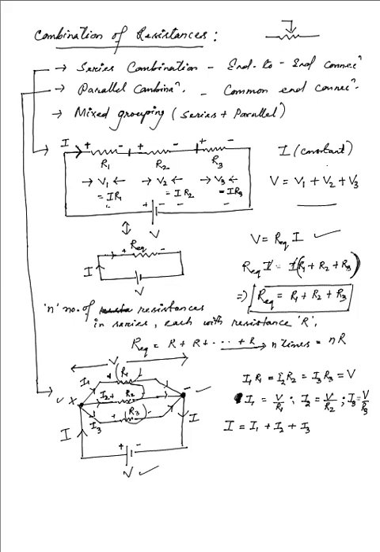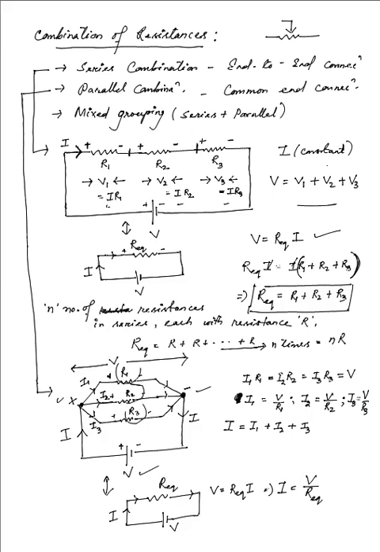Now if we were to consider an equivalent circuit in this case, such that we have an equivalent resistance which is giving us the same amount of current I across its circuit for the same potential difference provided, that is V, then we can say that V is equal to R equivalent times I, and obviously we have I equal to V by R equivalent.